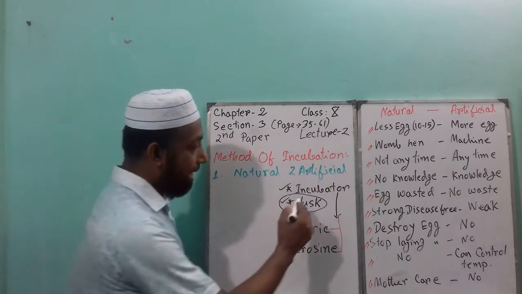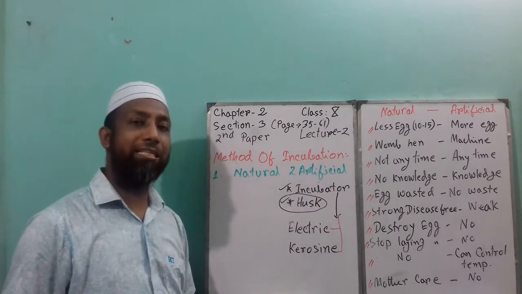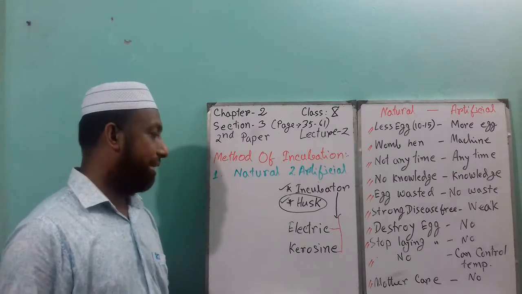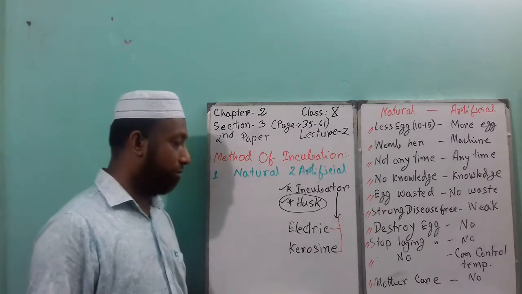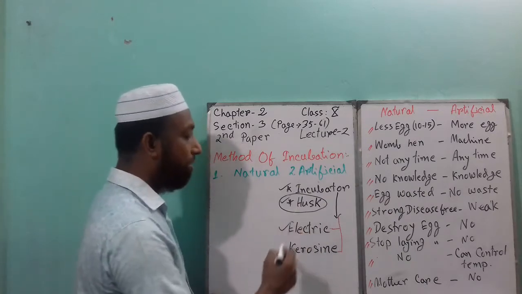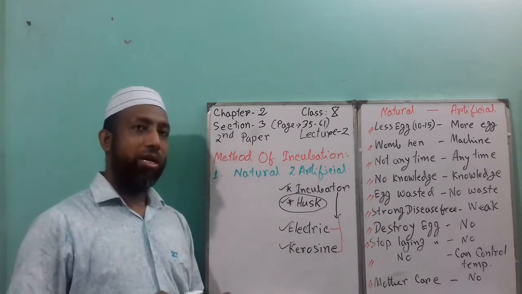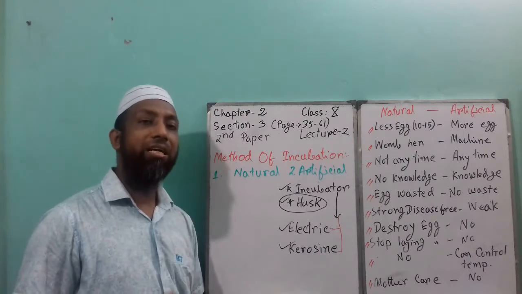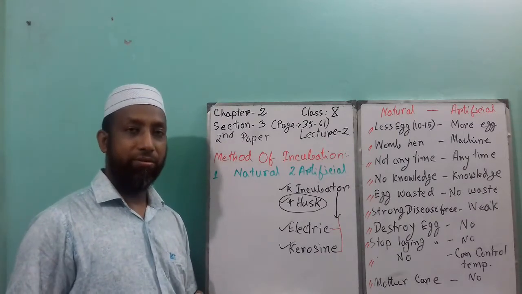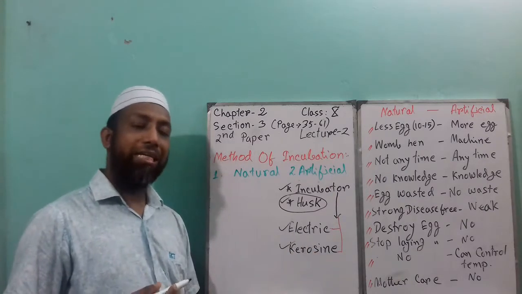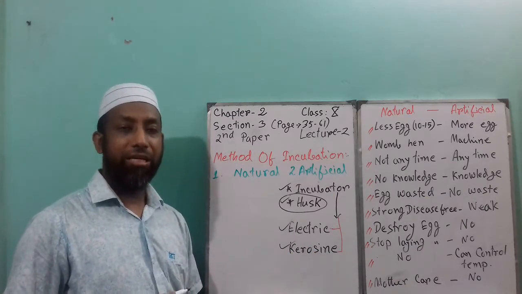The other one is the incubator method. This is the latest and modern method. All over the world they use this method. In this method they use two types of incubator: the electric incubator and the kerosene incubator. These are all simple. The kerosene incubator is run by kerosene, and the electric incubator is run by electricity.